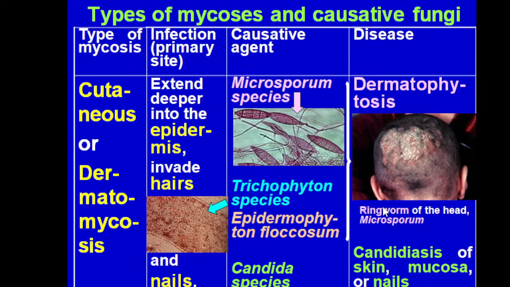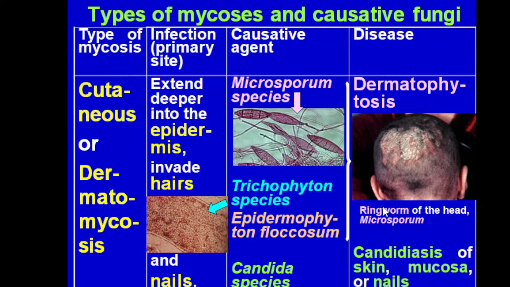Then, when the fungi go deeper, they cause cutaneous mycoses or dermatomycoses. So they extend deeper into the epidermis than the superficial mycosis agents, and usually invade hairs and nails.